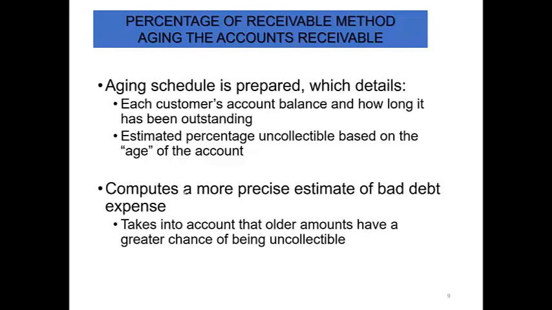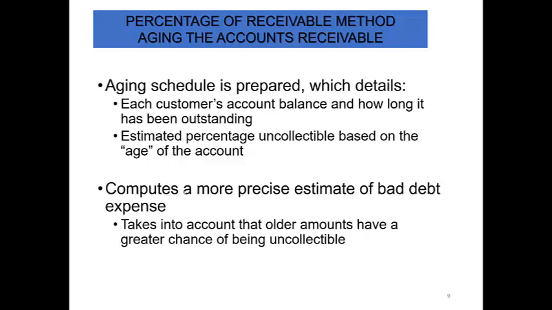So to do that, we have to prepare an aging schedule, and this schedule details each customer's account balance and how long it's been outstanding. So we're going to really look at each customer separately and figure out what are the chances that this customer won't pay us.